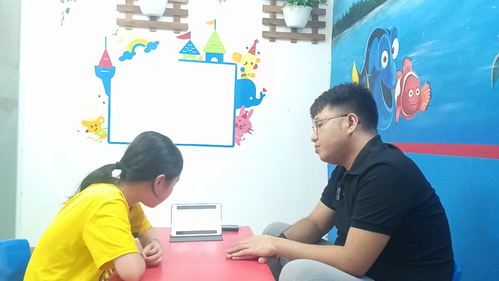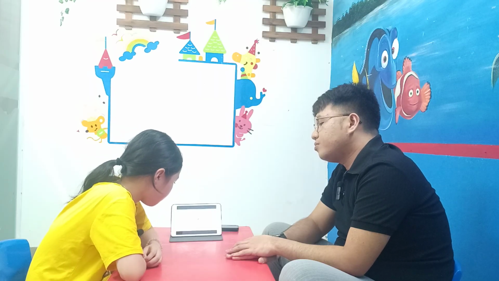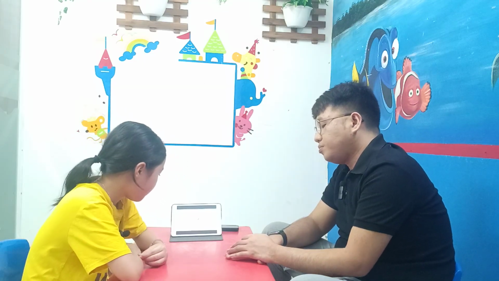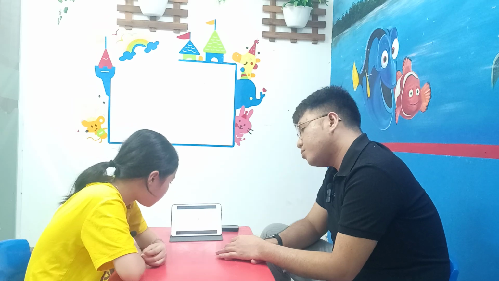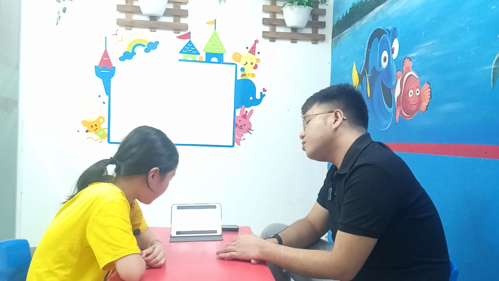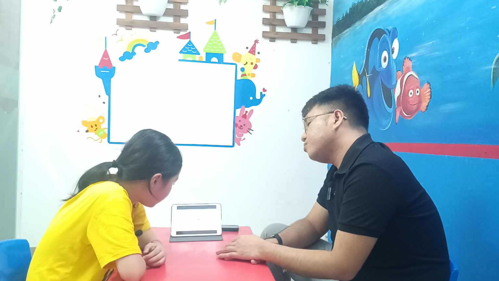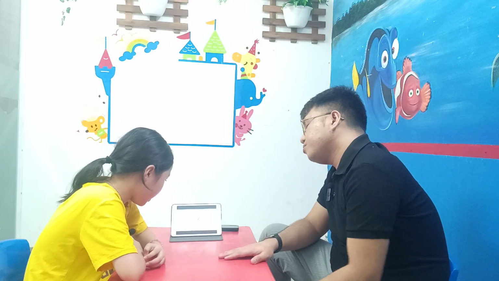In line 3, picture 2 is different because pictures 1, 3, 4, they are food. But in picture 2, this is a milkshake.